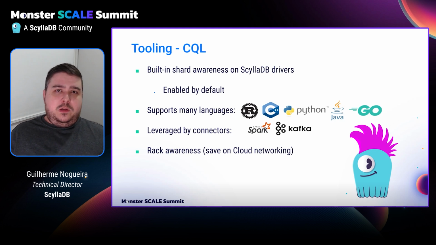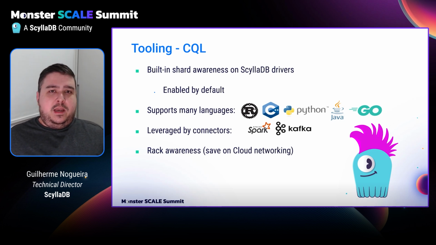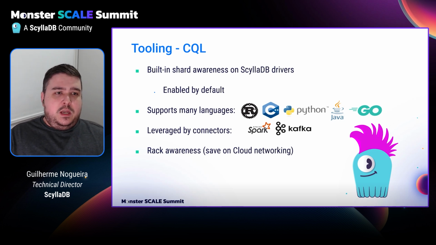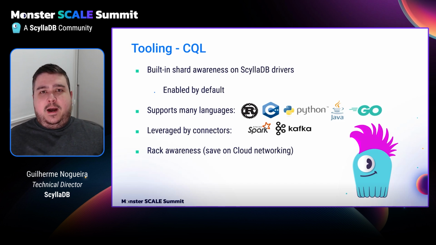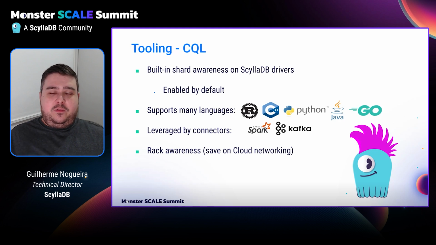With regard to tuning on CQL, as I said, you should always aim to use the built-in shard-aware drivers, which are provided by ScyllaDB and exclusive for Scylla clusters. They're usually enabled by default, so depending on the technology that you're working with, you should just point and use them, or follow some small guidance on the driver implementation to enable shard awareness on your local data center.